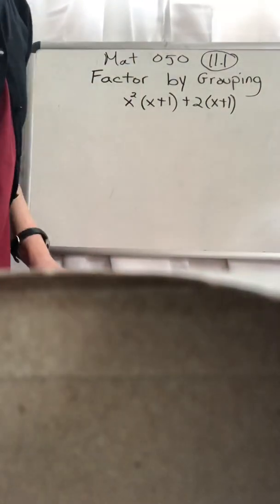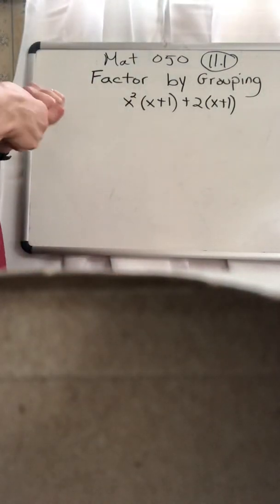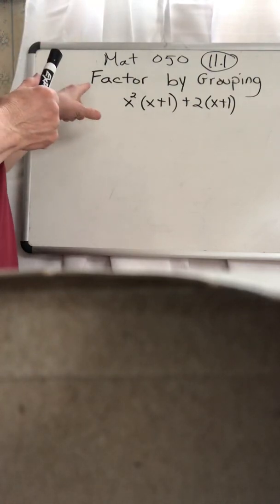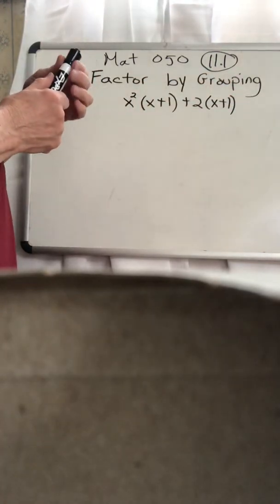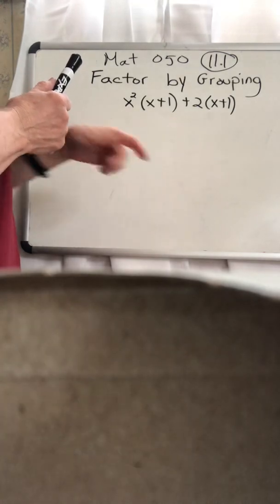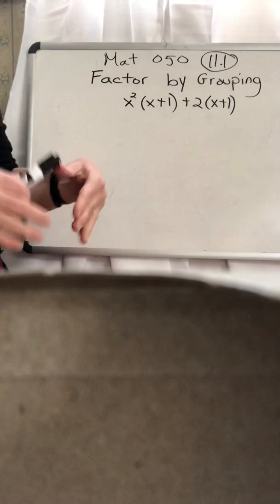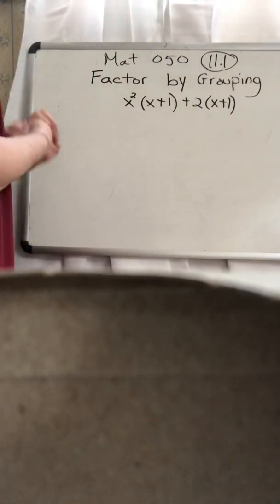So today we're going to continue 11.1 with going over factor by grouping. My first example might be just a little bit hard to follow, but I think you'll get it as we continue.